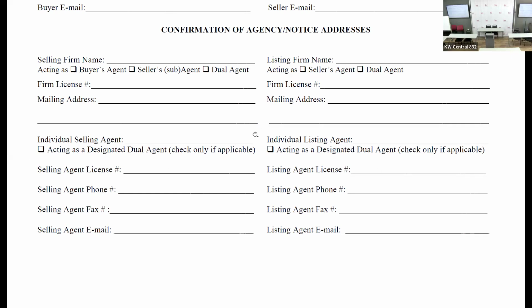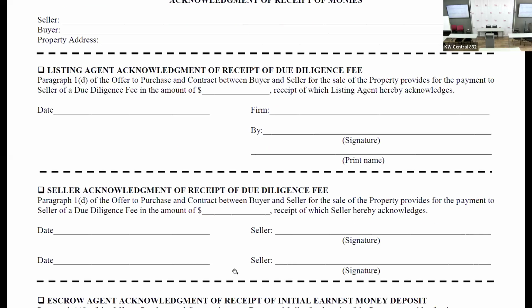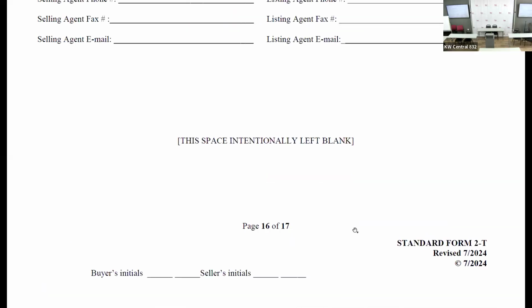So both would check acting as designated dual. Make sure you put your license number on here. That is a disclosure. Yes. And a lot of it is on the MLS sheet as well. A lot of times I see initials missed on page 16.